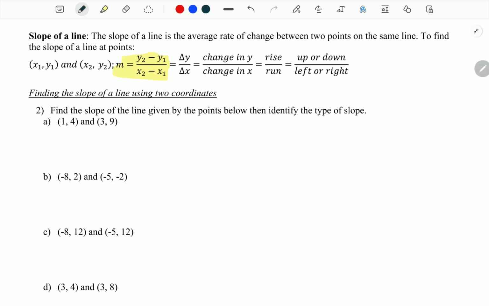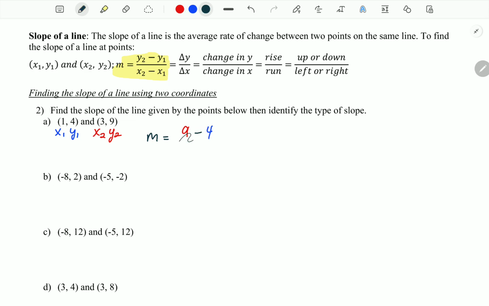Let's label each coordinate. Let's call this x1. Let's call this y1. Then the second set of coordinates, call that x2. Call the 9 y2. And now let's find the slope of this line. The slope m equals y2 minus y1. So that's going to be 9 minus 4.